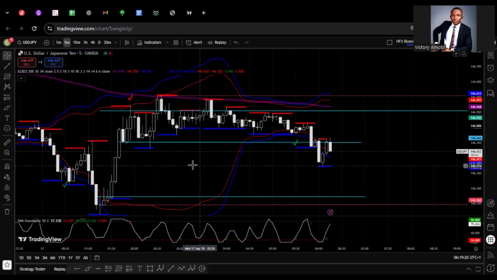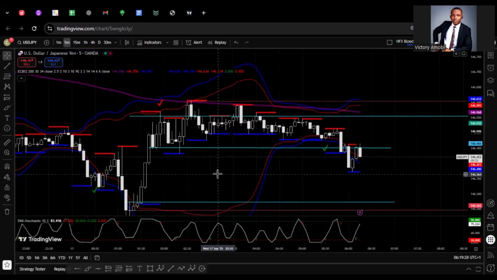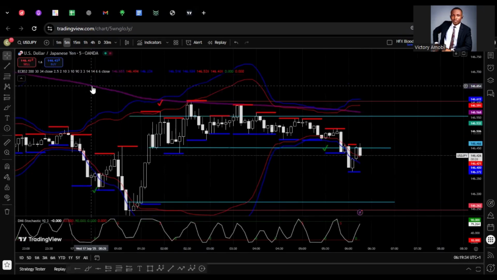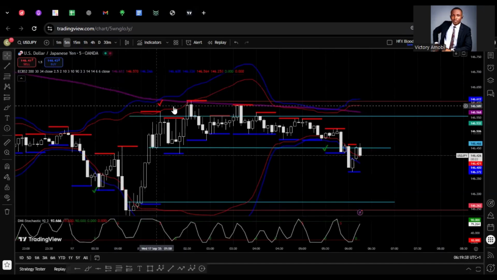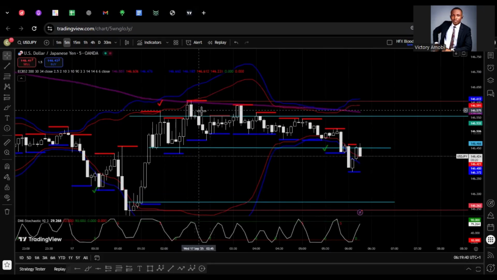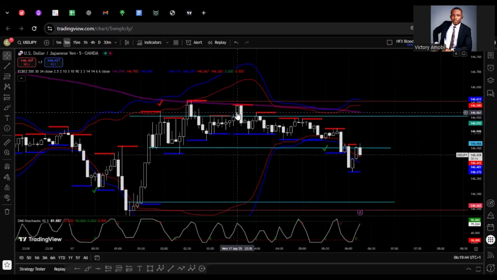Then another thing you need to know is how it tells you the move of the market. Look at this EMA, the exponential moving average. That's the purple line here. If it's above your candles, it's simply a downtrend.